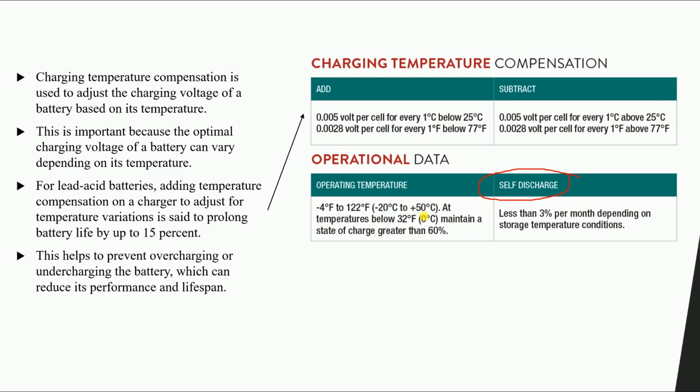Now, one important thing is that you will find if the temperature is below 32 Fahrenheit or below 0 Celsius degree, you need to maintain a state of charge greater than 60%. State of charge greater than 60% means we are talking about a depth of discharge equal to 40%.